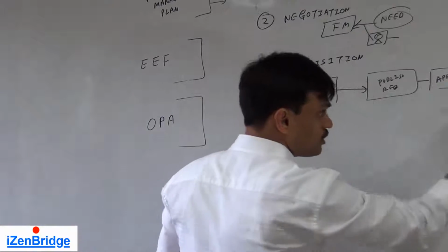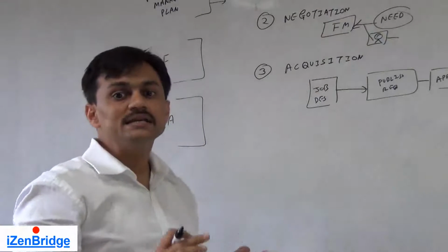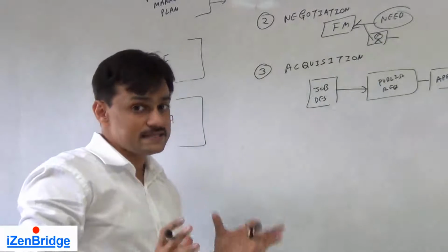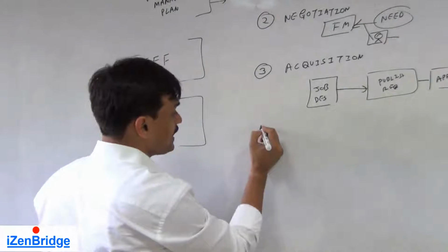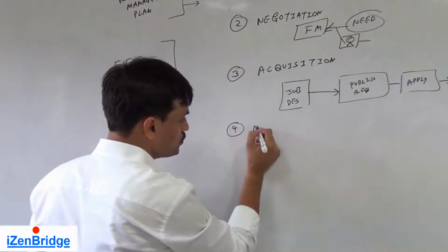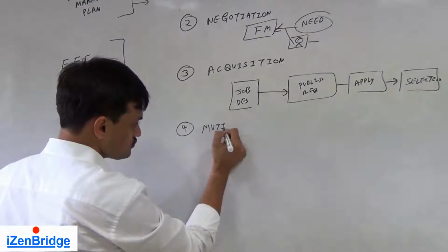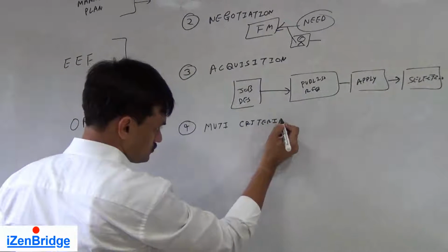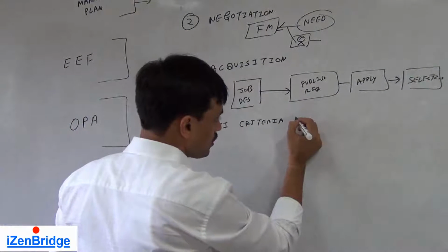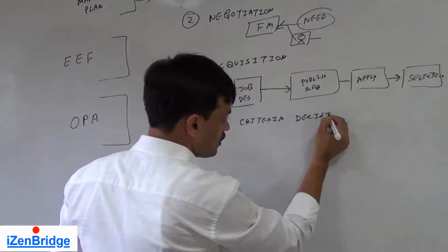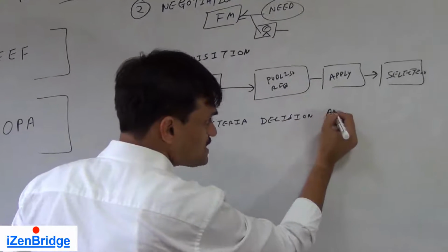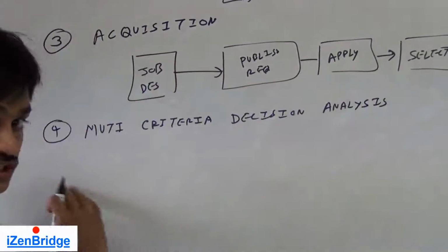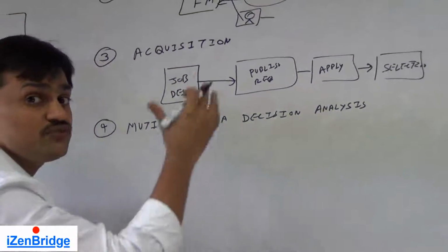For a selection, you can use multi-criteria decision analysis, another tool and technique. Now this helps you in analyzing the people, the job applicants, on the basis of various factors.